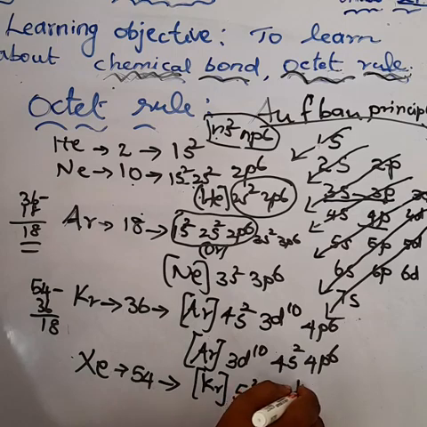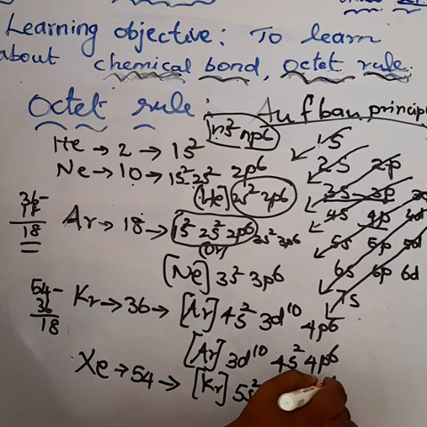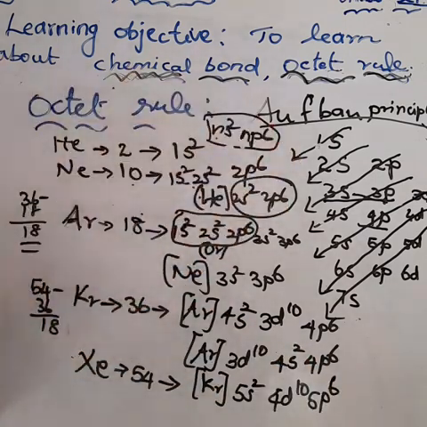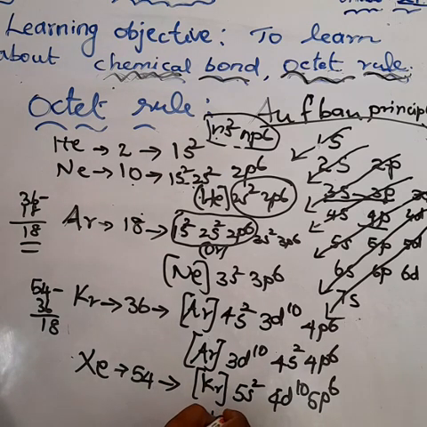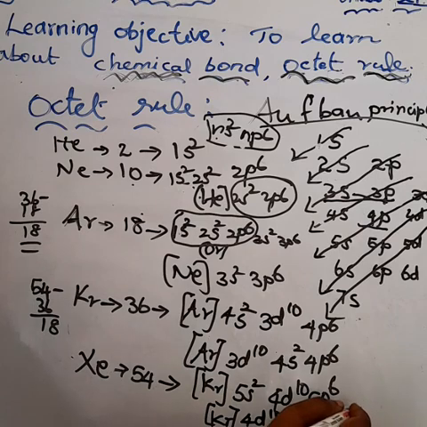The general electronic configuration is ns2 np6, so 4d10 goes to the inner shell. So we get krypton 4d10, 5s2, 5p6.